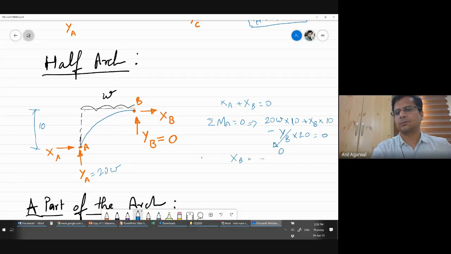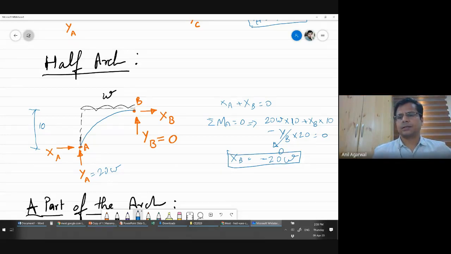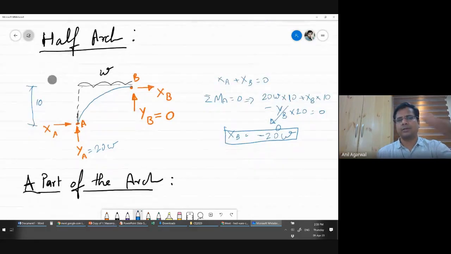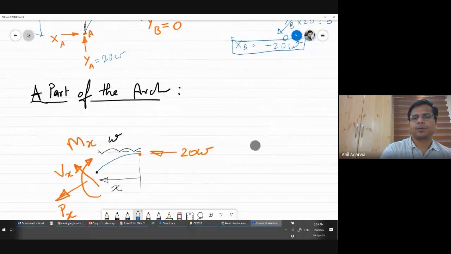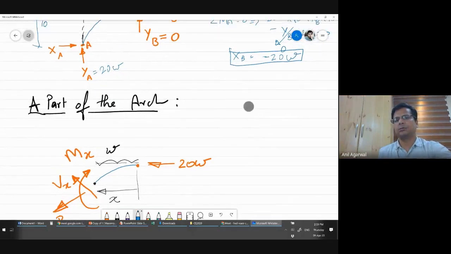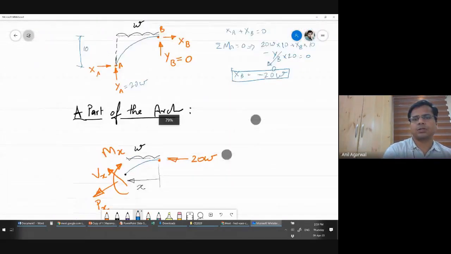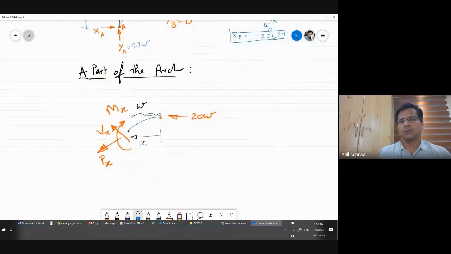Minus 20 W. Is that correct? So that means my sign of XB was wrong. XB is actually acting in this direction. Right? So XB is equal to 20 W acting in the opposite direction of what I had plotted.